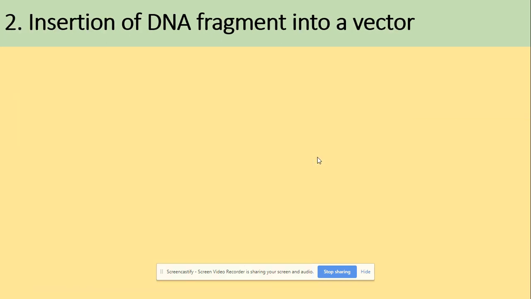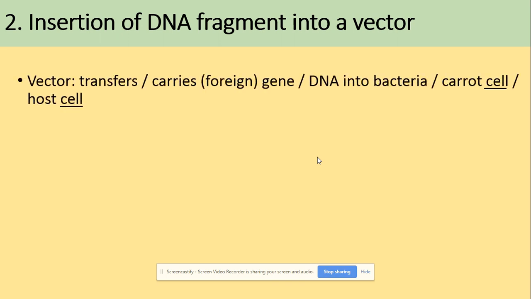So how can we finally insert this DNA into a vector? Firstly, what is a vector? A vector is a plasmid. So it's a single loop of DNA found in the bacterial cell. The job of it is to carry foreign DNA into the bacterial cell. Okay, it could be any cell, but it's important to say cell.